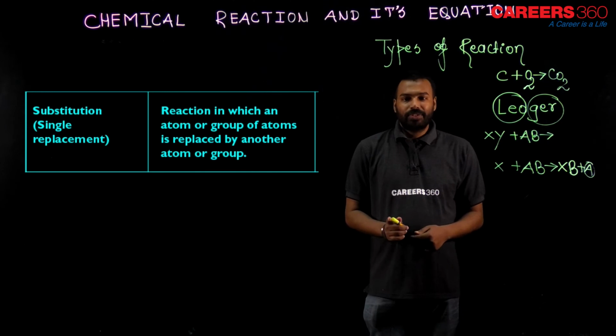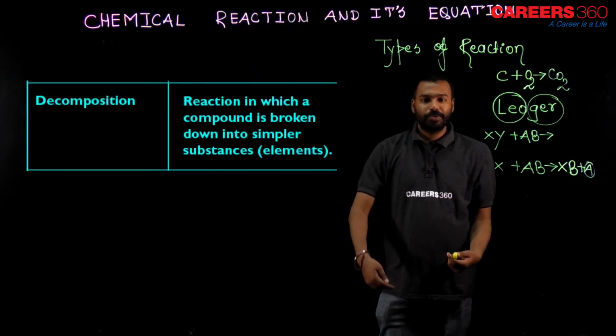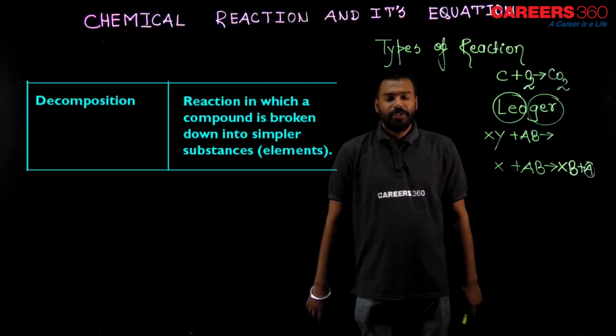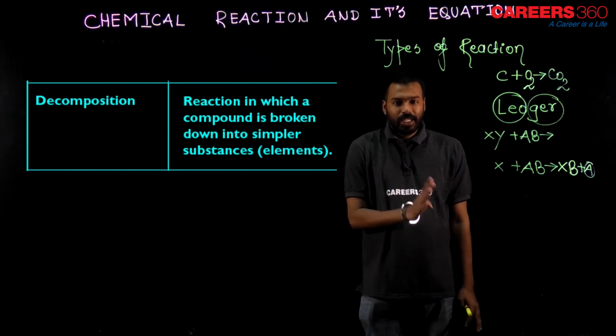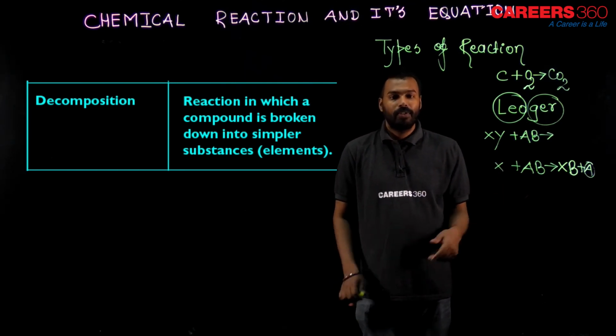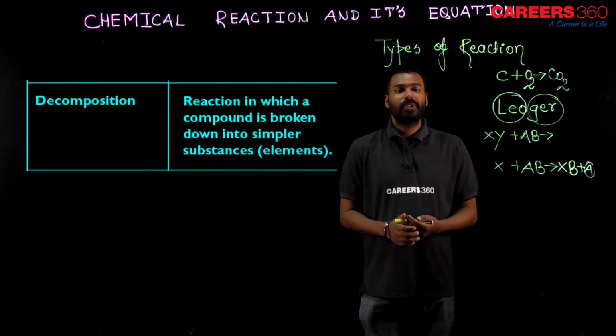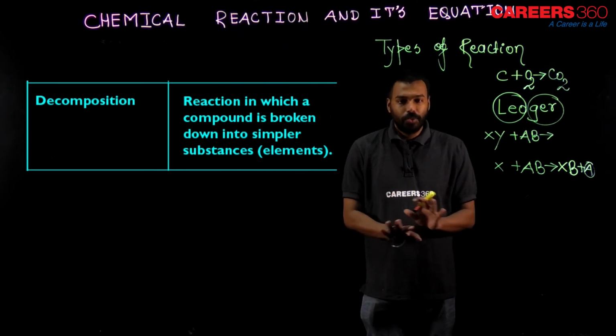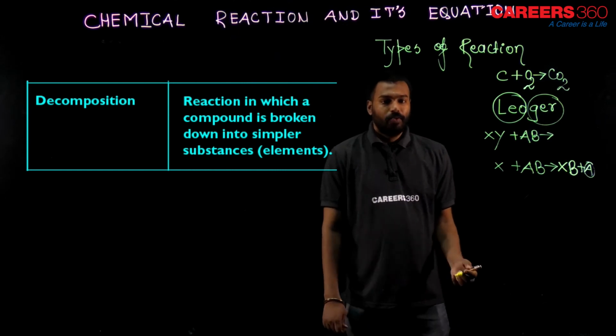Now, let me tell you the next type of reaction. Decomposition reaction. What is decomposition reaction? Such a reaction in which one compound decomposes. How? You must have heard of electrolysis. If you don't know, no need to worry. What is electrolysis?